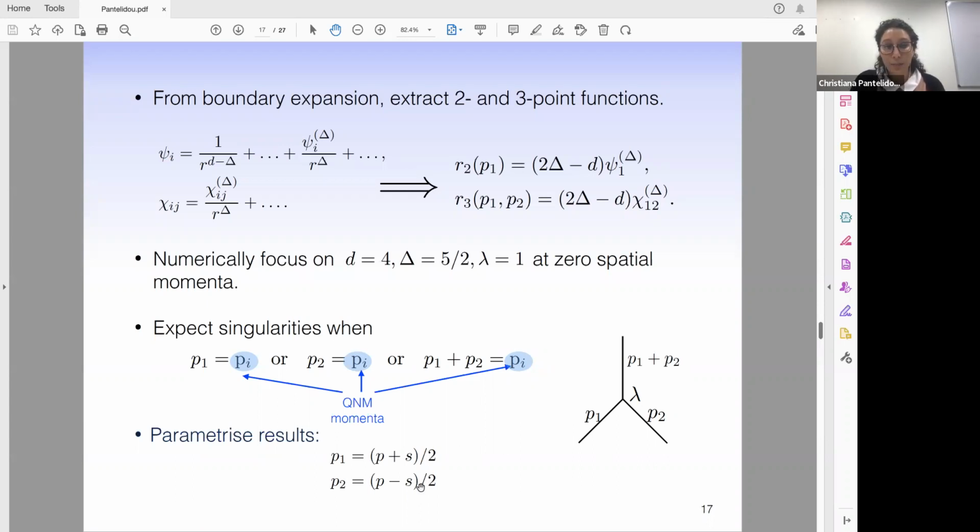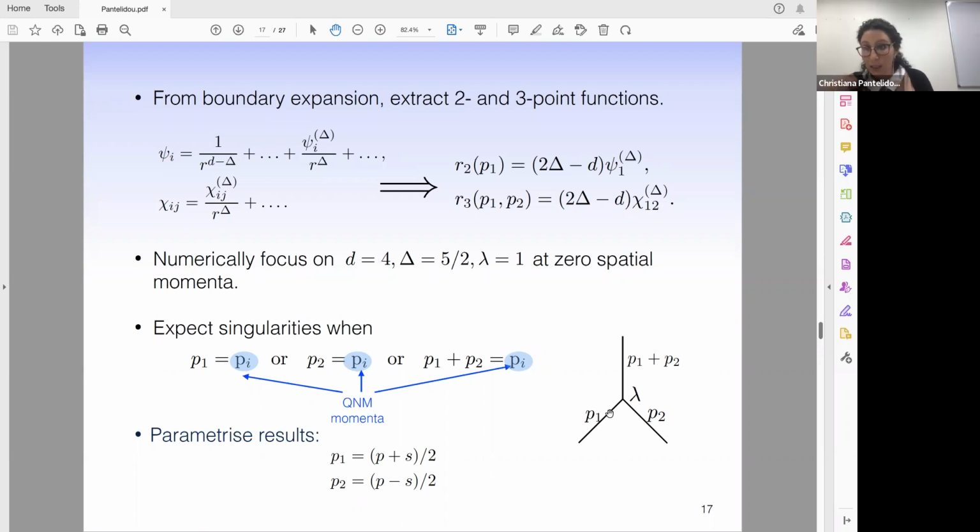And just a bit of notation. We have too many parameters, so we can't plot everything explicitly. So instead of parameterizing things in terms of P1 and P2, the ingoing momenta, we thought it was more useful to parameterize things in terms of P and S. P is the total momentum, and S is the difference of the 2 ingoing momenta.